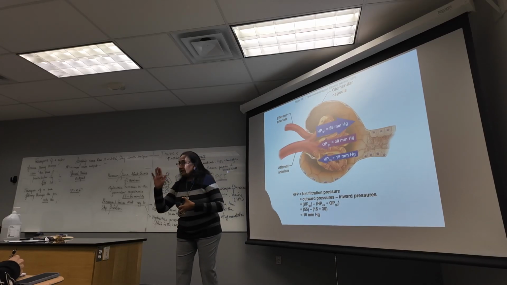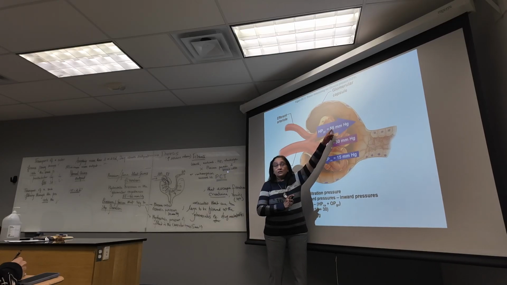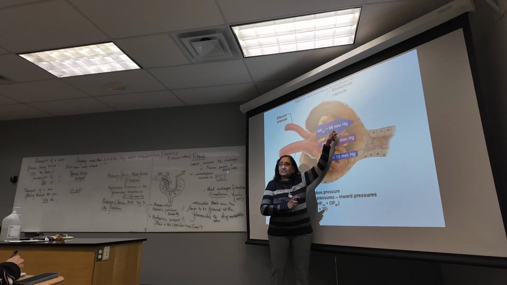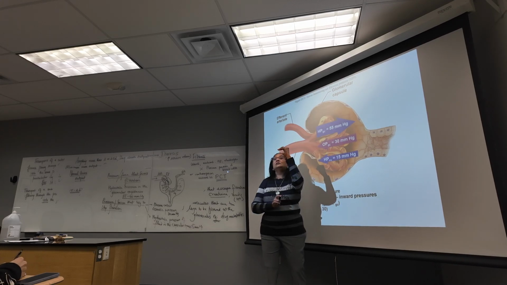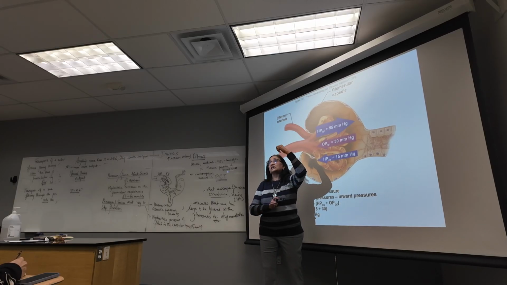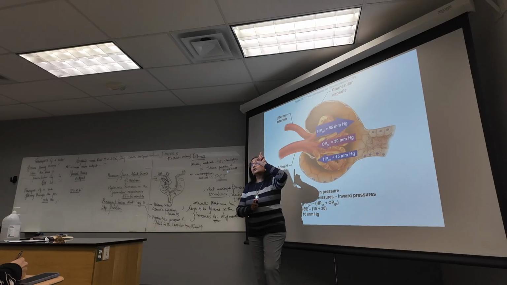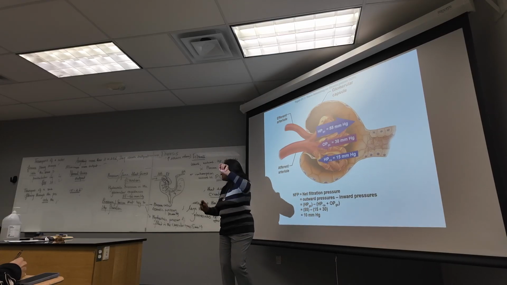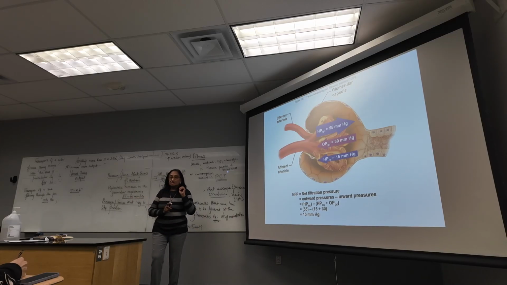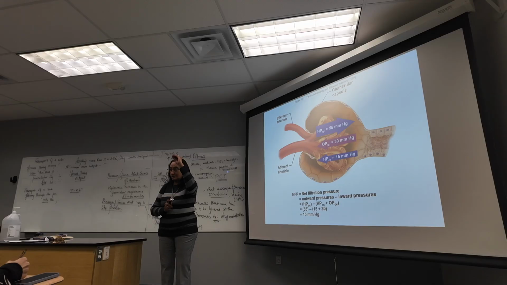Now let's say this hydrostatic pressure, that is blood pressure, when it comes into the glomerulus, increases, due to some reason, maybe the person has high blood pressure. So this hydrostatic pressure in the glomerular capillaries, instead of being 55, let's say it increases to 65, okay? 10 points higher.